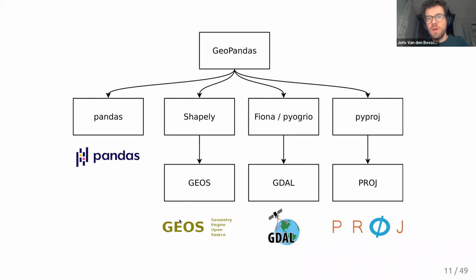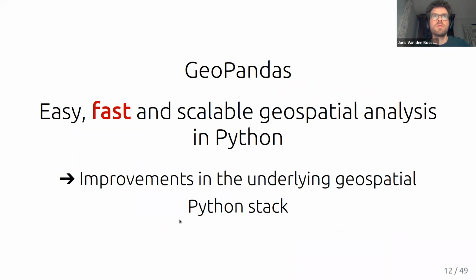And we have been working on improving the interfaces to GEOS, being Shapely, and the interface to GDAL, and especially to improve performance in those areas. And that's what I want to focus on for the next part.